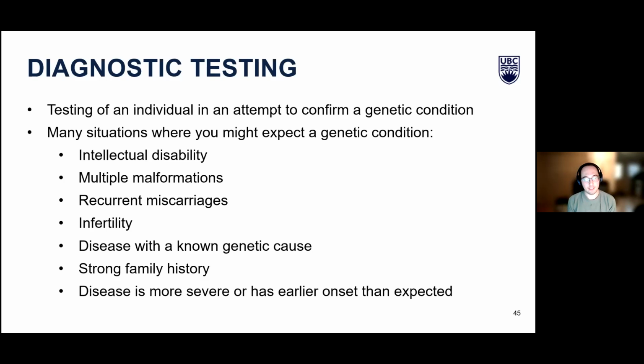And if the disease is more severe or has an earlier onset than expected, that would make us believe that there could be a genetic condition. So again, if say someone had breast cancer at a much earlier age than we would expect, we might start thinking that maybe there's a component of the BRCA1 or BRCA2 mutations, or both of them going on.